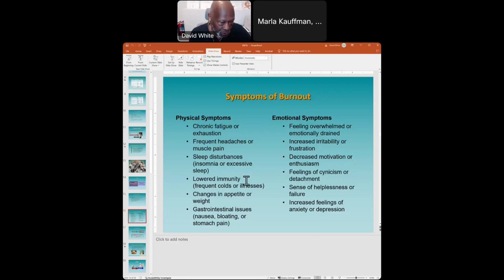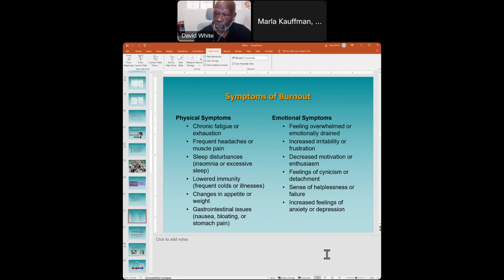So, lowered immune system, changes in appetite or weight, gastrointestinal issues, and now we come to emotional symptoms: feeling overwhelmed or emotionally drained, increased irritability or frustration, decreased motivation or enthusiasm, feelings of cynicism or detachment, sense of helplessness or failure, increased feelings of anxiety or depression.